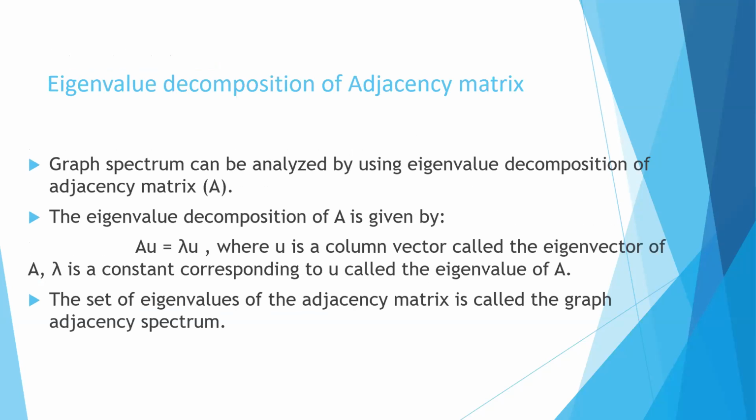It is given by A u equals lambda u, where u is the eigenvector of the adjacency matrix, a column vector, and lambda is called the eigenvalue of the corresponding eigenvector. It's a constant. The set of eigenvalues of the adjacency matrix is called the graph adjacency spectrum.